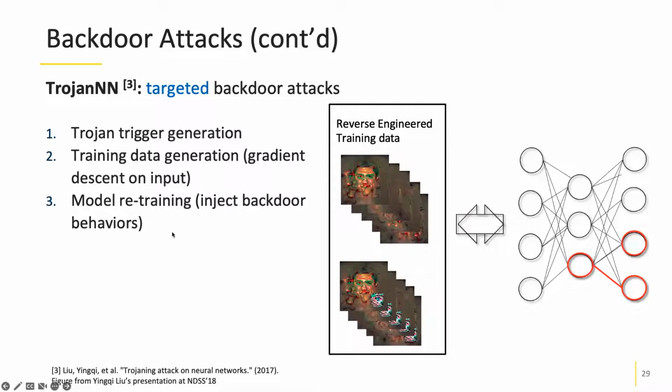And the third step is retraining the model to inject the backdoor behavior, which is denoted by the red neurons here. After retraining the model on input samples added with the trigger pattern, it's kind of teaching the neural network to predict the target class on the poisoned images.